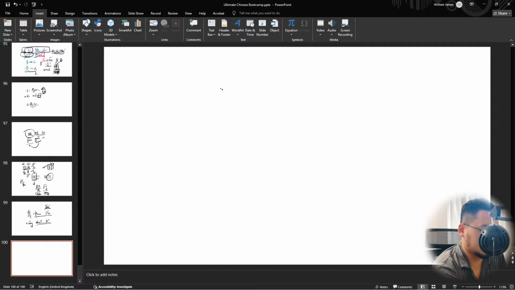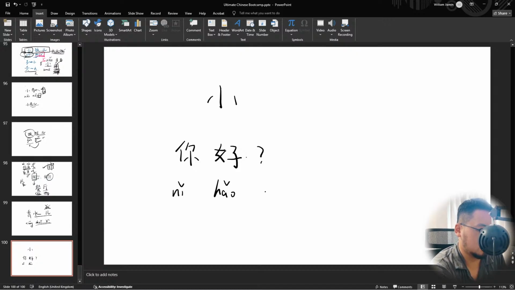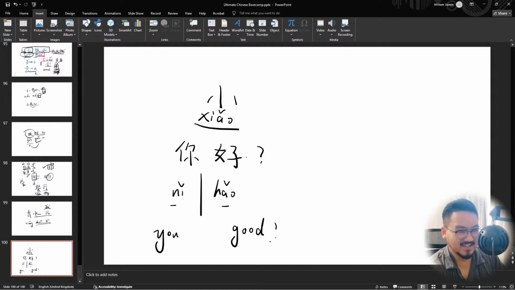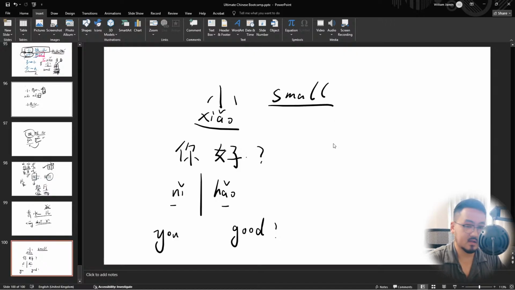Maybe you are mistaking the 小 with the 你好, right? 你好 is two characters. 你 is like you, 好 is like good. So it's like you good? Yeah, but 小 is like small. So it's two completely different things.